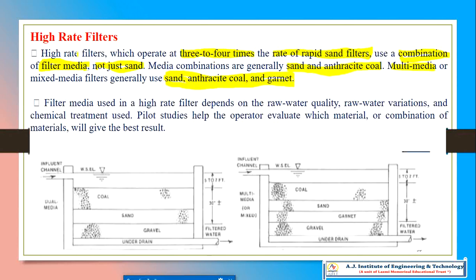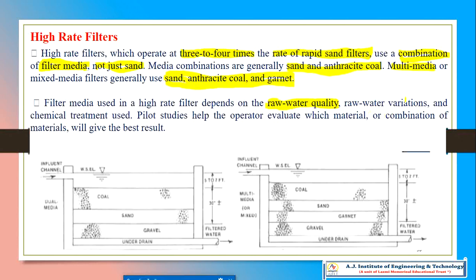The filter media used in a high rate filter depends on the raw water quality, raw water variation and the chemical treatment used. High rate filter use depends upon the raw water quality. Simply, we cannot use a high rate filter. If the turbidity is low, then you can use it.